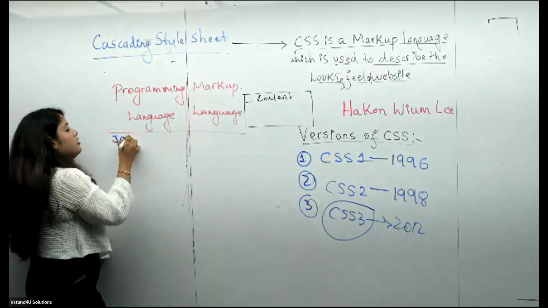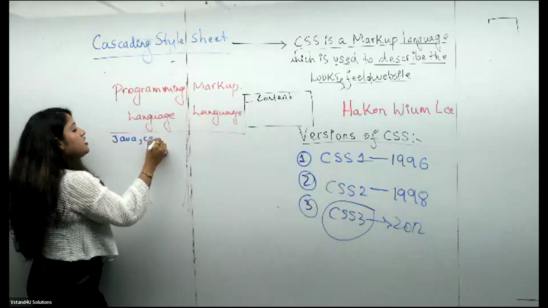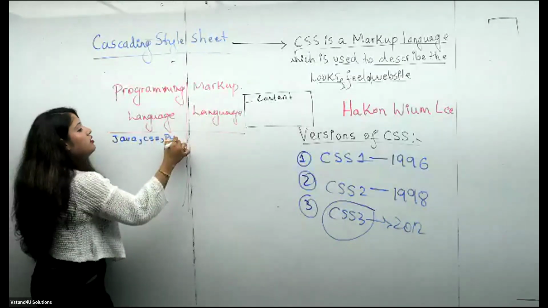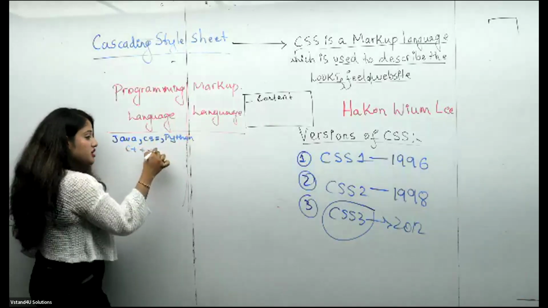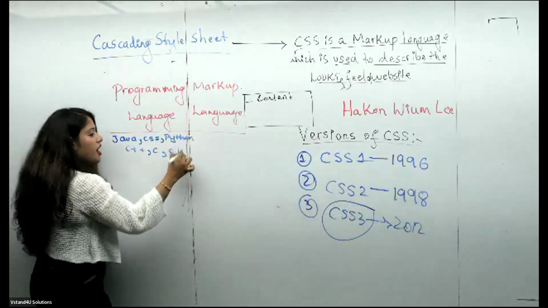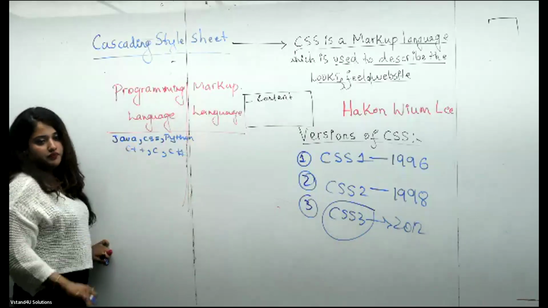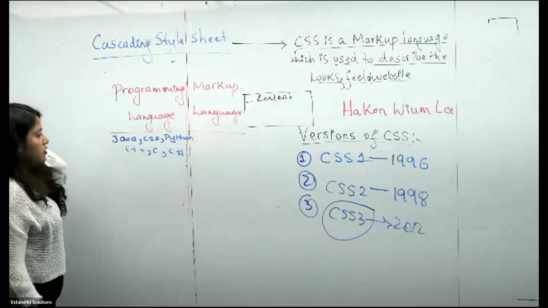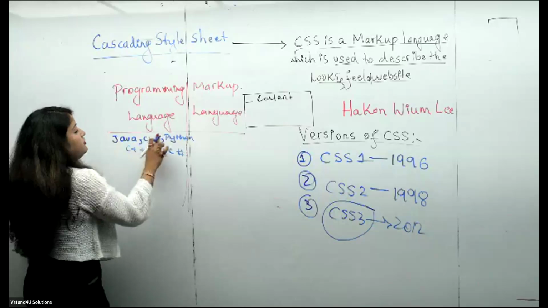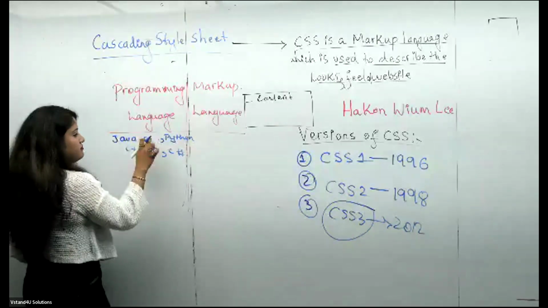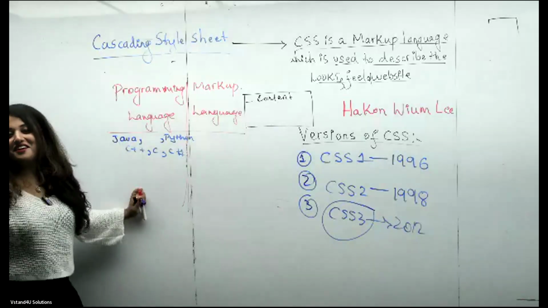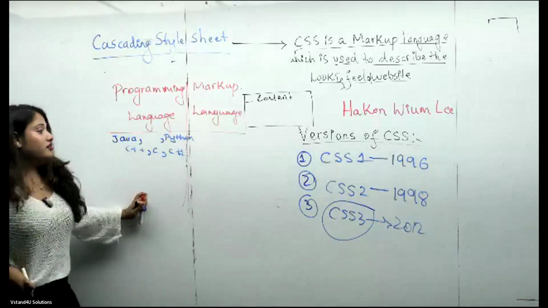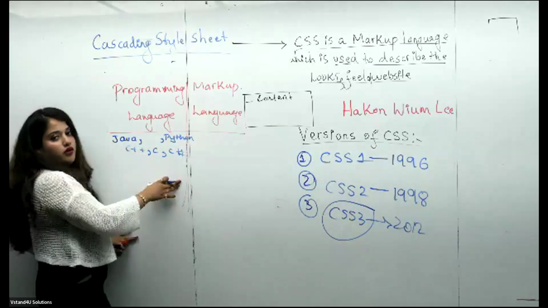For example, Java, Python, C++, C, C sharp, whichever you want, you take. Okay, done. So now these are all your programming languages.